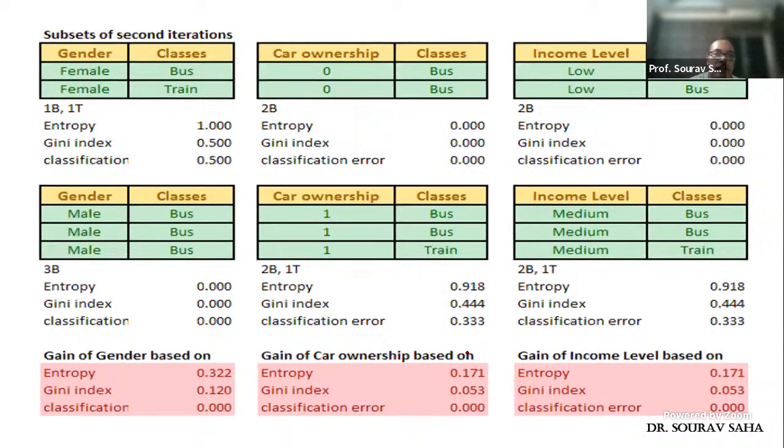So Anand, right now you can see that I am not using the travel cost anymore. The other 3 I'm using, which are the gender, the car ownership and the income level, right? And this is the reduction that we are getting from this particular table, the one on the bottom. Can you tell me on which particular variable we are going to split this time?